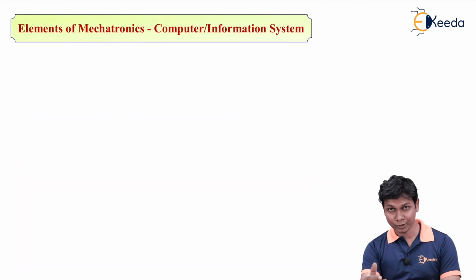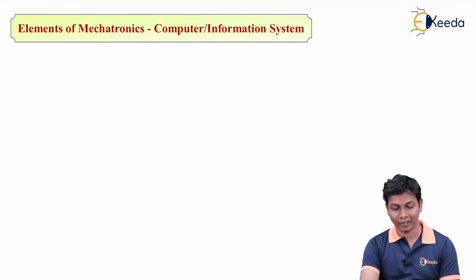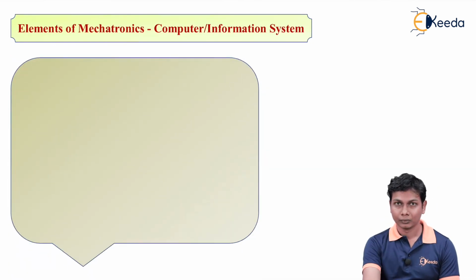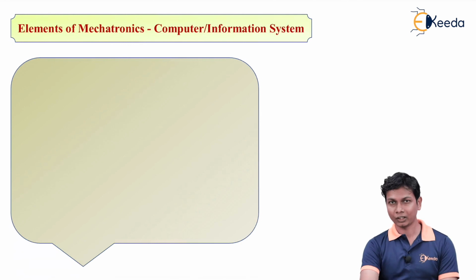Now, another aspect of key elements of mechatronics is computer and information systems. So, mechanical, electromechanical, electronics, electrical and electronics part.